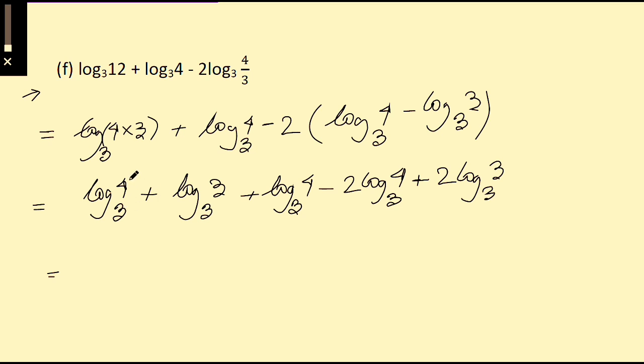Here we have log 4 to the base of 3 plus log 4 to the base of 3. Then we can write it as 2 times log 4 to the base of 3. And here we also have minus 2 log 4 to the base of 3.